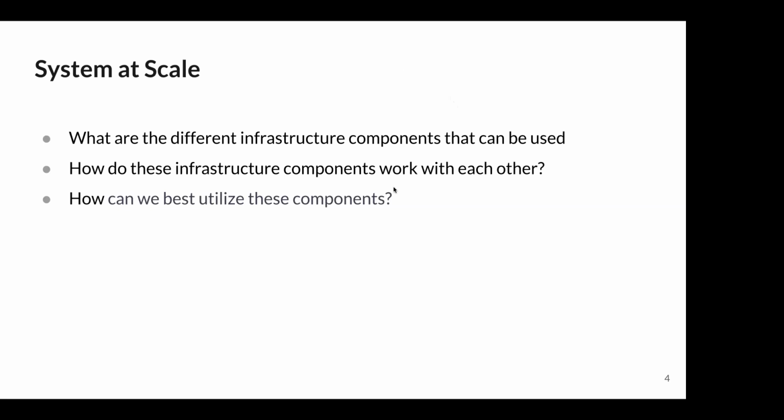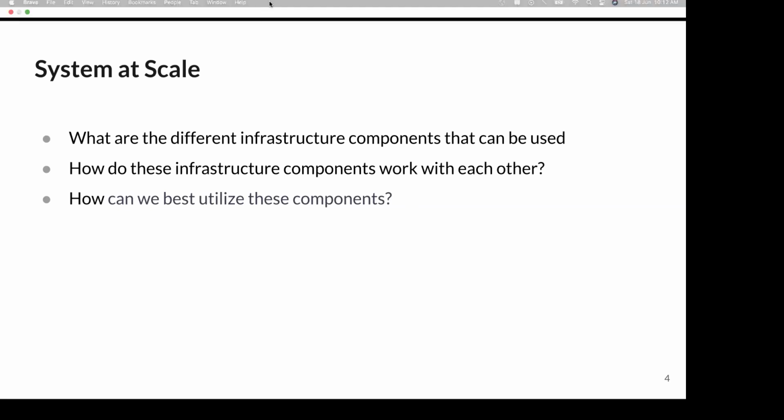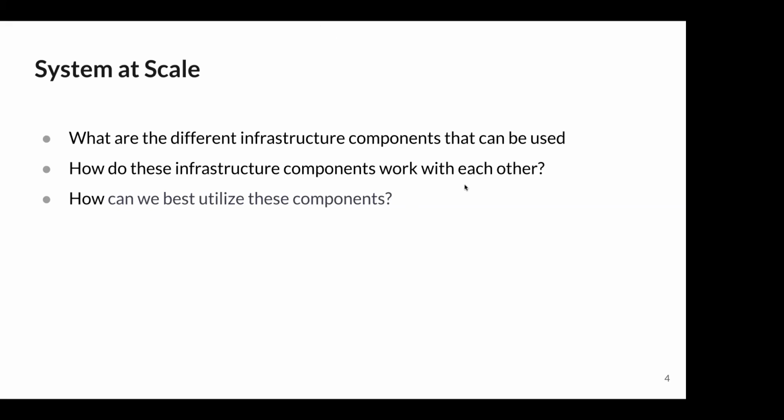In the chat I've got a question: can you brief more about the second point, which is how these infrastructure components work with each other? If you have an application server and database and all that, these things should work with each other. Assume you are placing these infrastructure components in different regions far away.